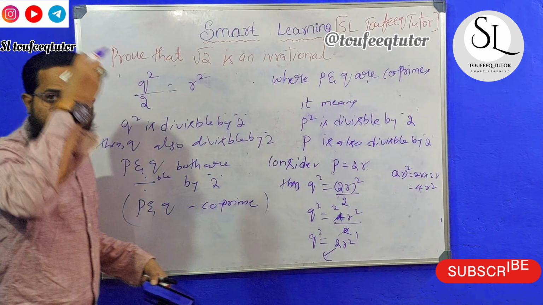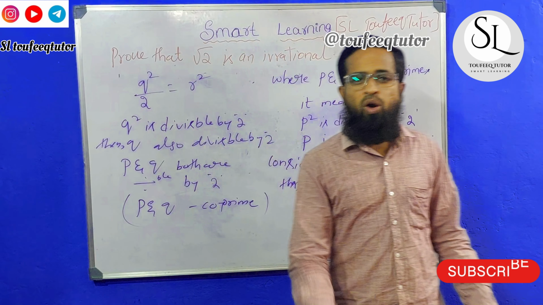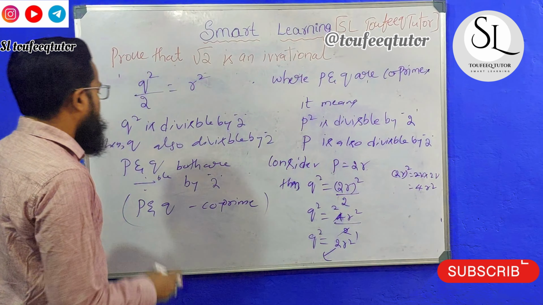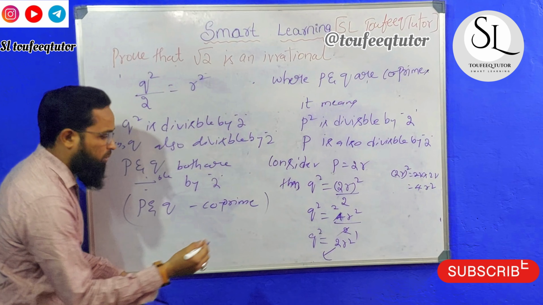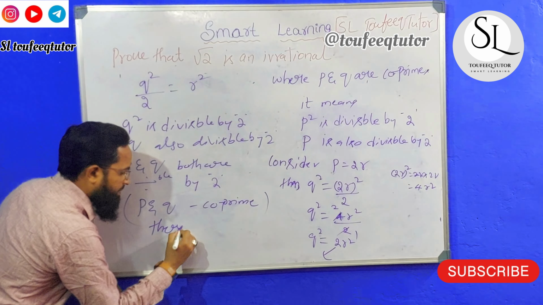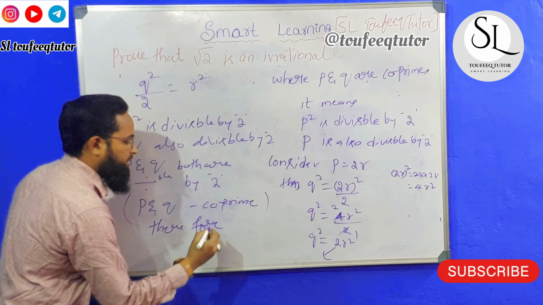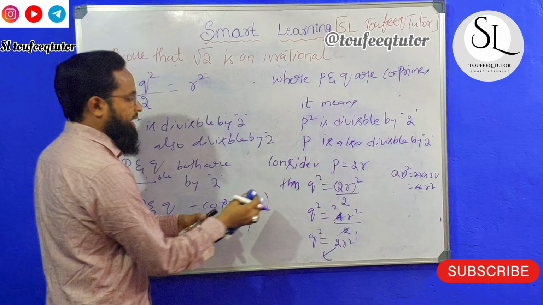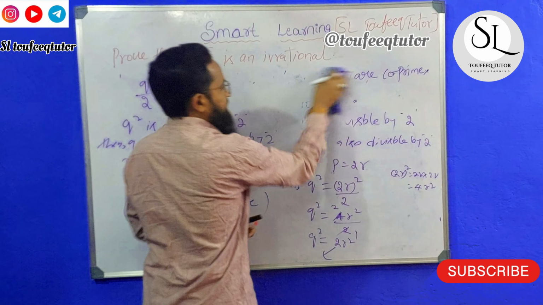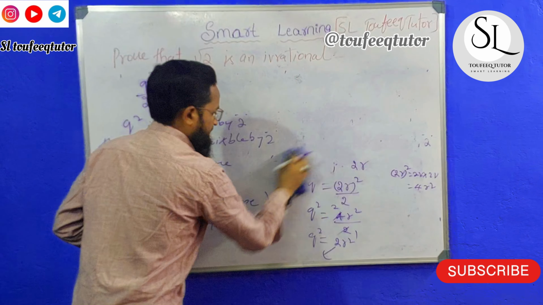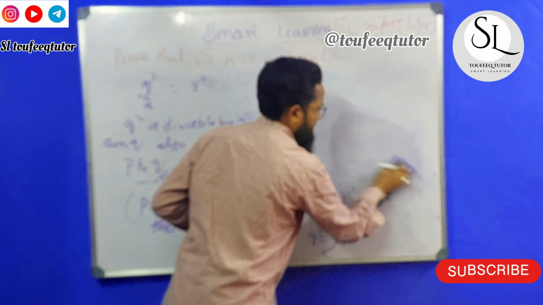Then it is going to fail. It is going wrong here. Our assumption is going wrong. Then what happens? If P and Q are not co-prime, then what? Therefore, by contradiction, by our assumption, what was our assumption?